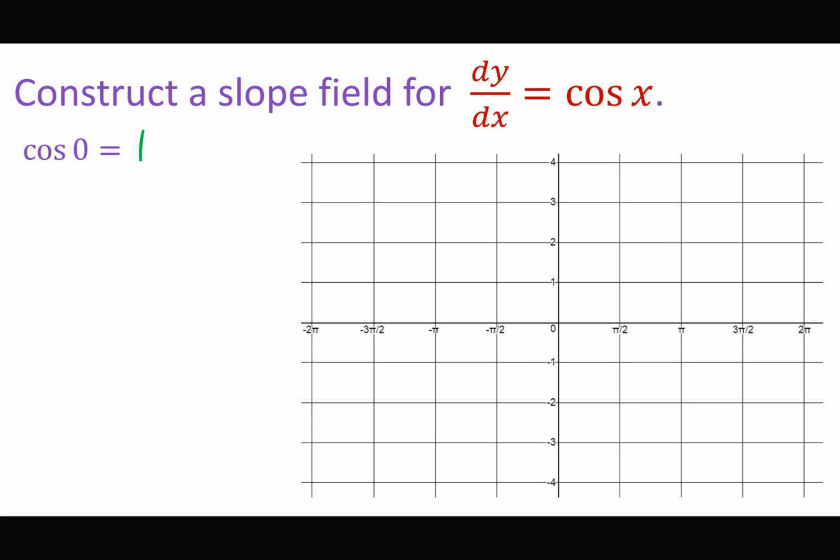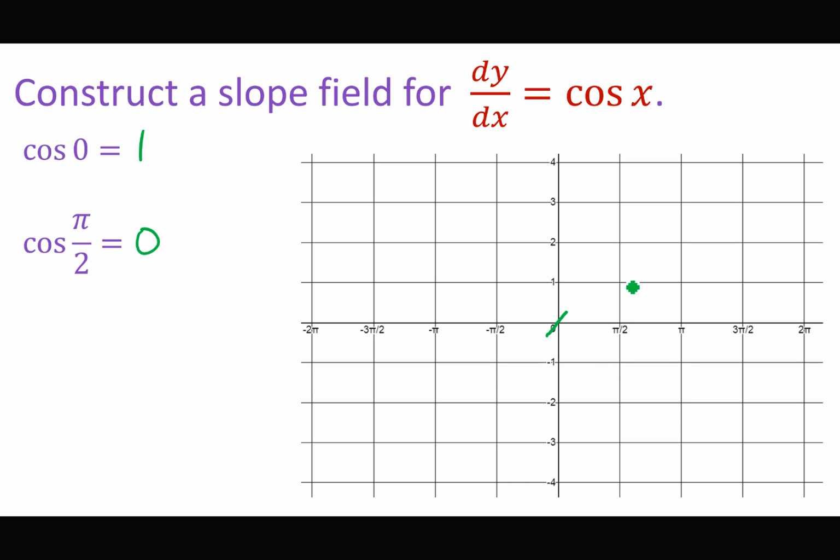That means our line at 0 will have a slope of 1. And so I would draw just a little line segment that has a slope of 1, almost like a little hash mark. All right, I know that cosine at pi over 2 is 0.